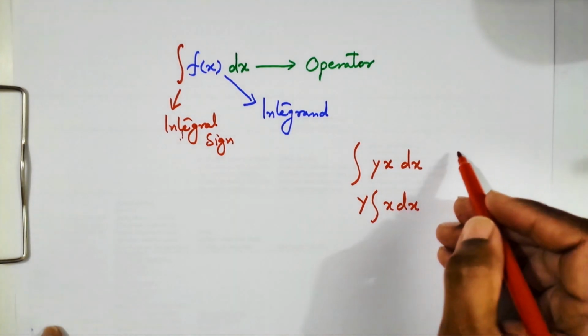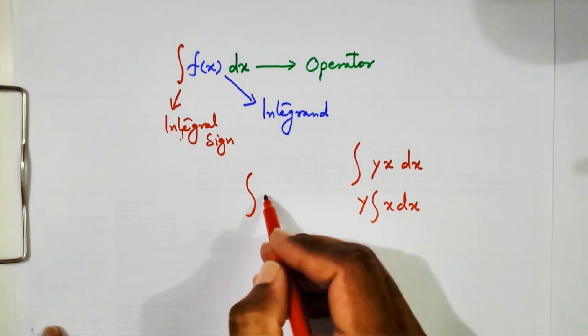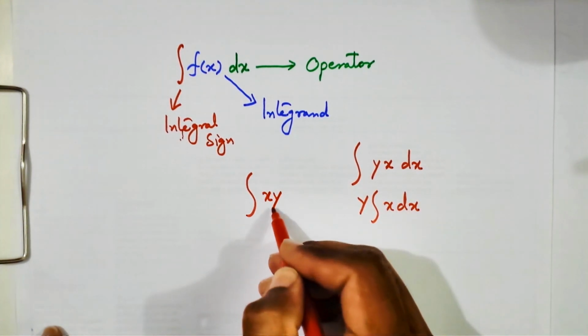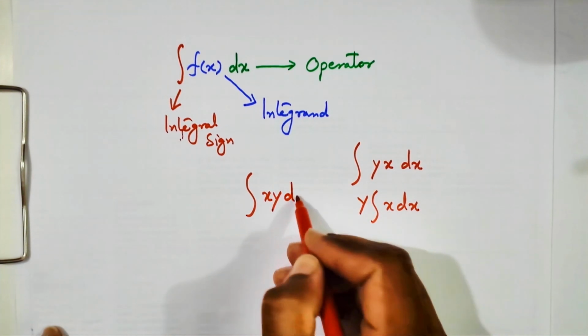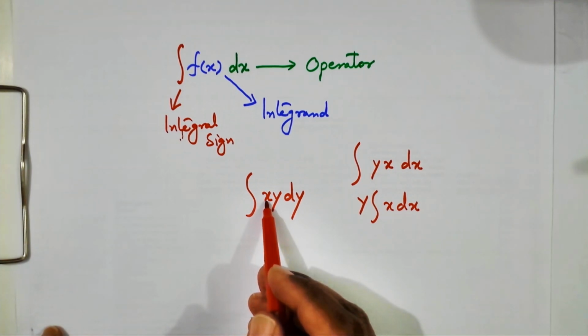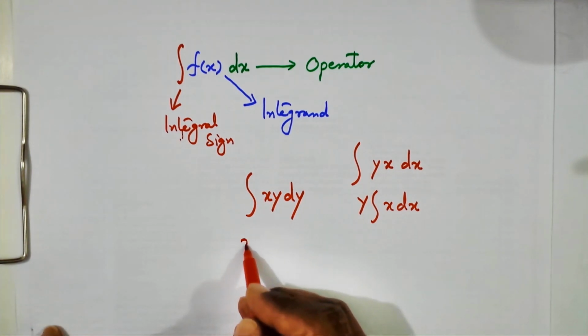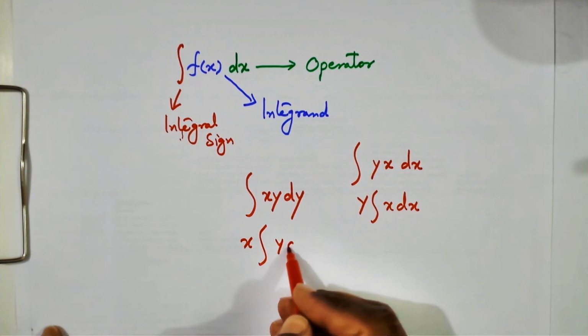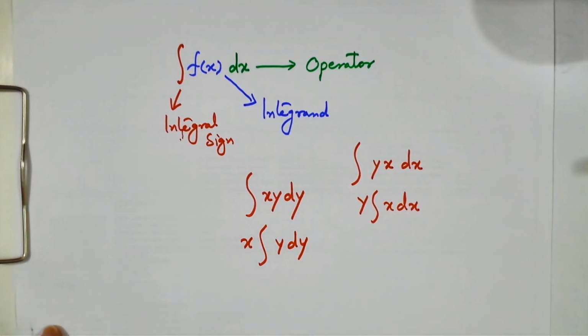But if the operator consists of variable y, then we will treat x as a constant value. We can take it out and apply all the rules of integration on variable y. So that was an important thing.